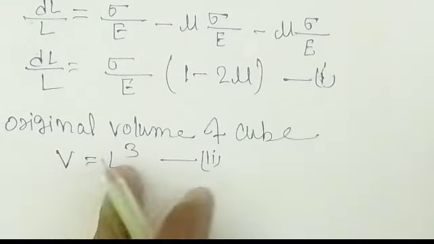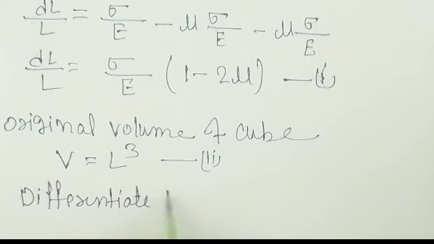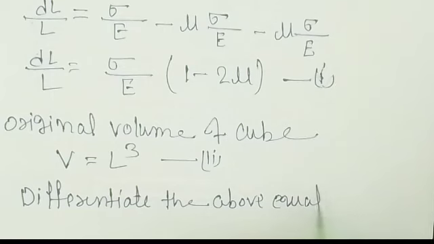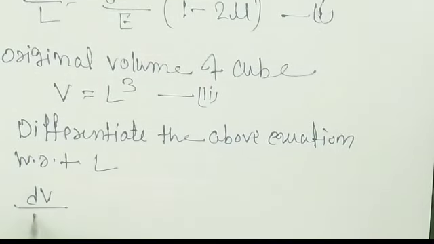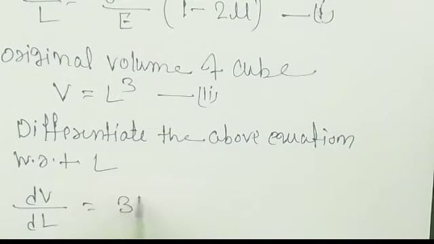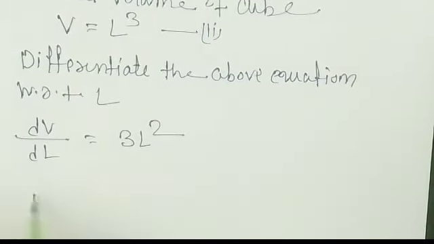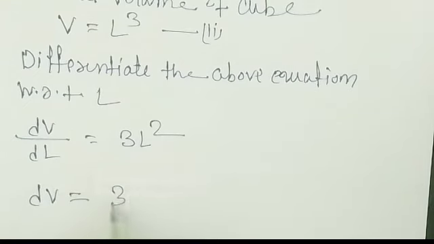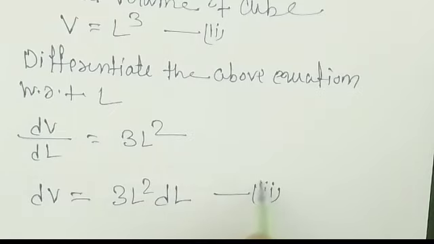Now differentiate the above equation with respect to L. So what is that? You will get dV by dl is equal to 3L square, right? Or you can say dV, change in volume, is 3L square times dl. Let's say this is equation 3, right?